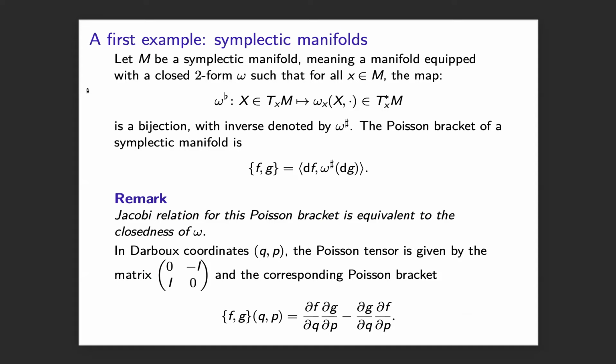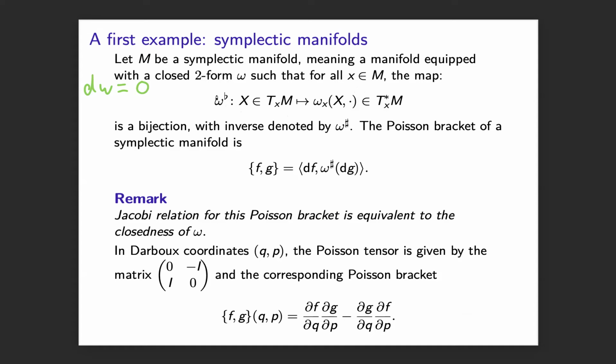Closed means that d omega equals 0, where d is the de Rham differential, such that for all x in M, the map defined by the contraction of a tangent vector with the two-form is a bijection.